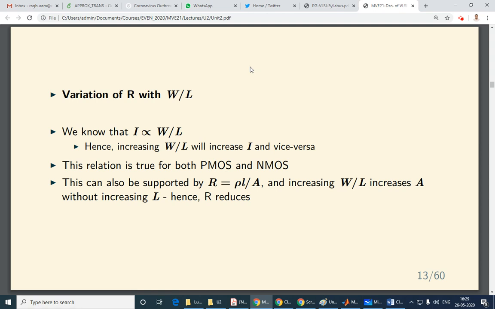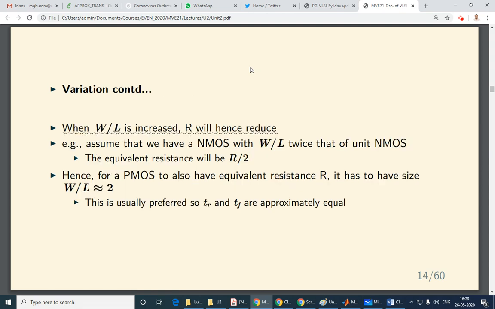So what is the independent variable? The independent variable is W by L. That is the one that we have to determine first, and based on the definitions that we have, we can determine the resistance and capacitance that is associated with each of these transistors, and that is what we see here also. If the W by L is increased, and naturally also we are making the transistor wider, so it's more easy for the current to flow, which means the resistance will reduce.